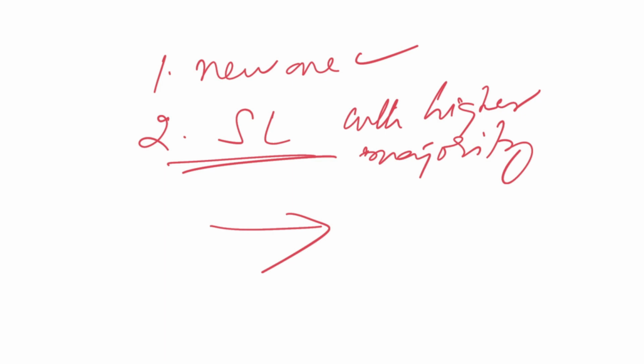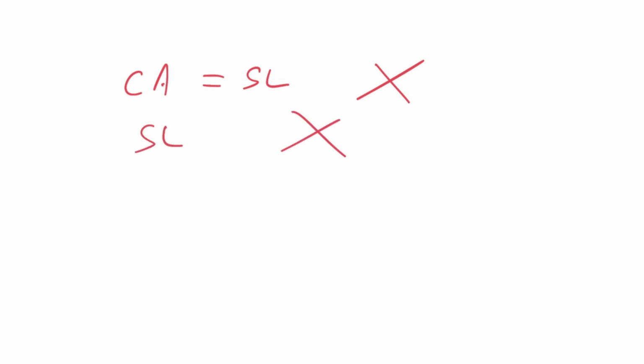That is the spirit. But what did the government do? Instead of seeking a higher level of agreement from the people, what it did was, it said constituent assembly equals state legislature. This is not true. And the state legislature was dissolved.